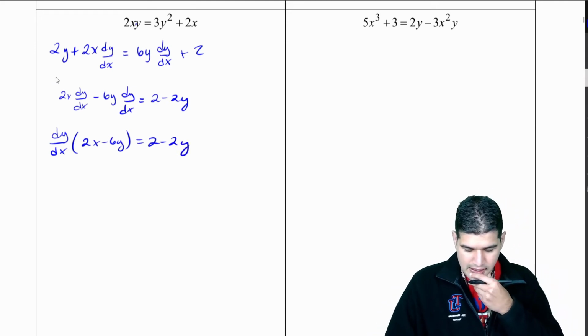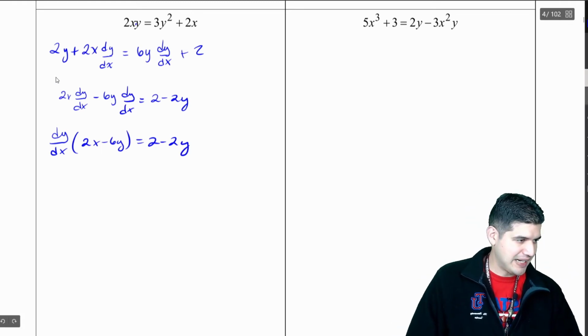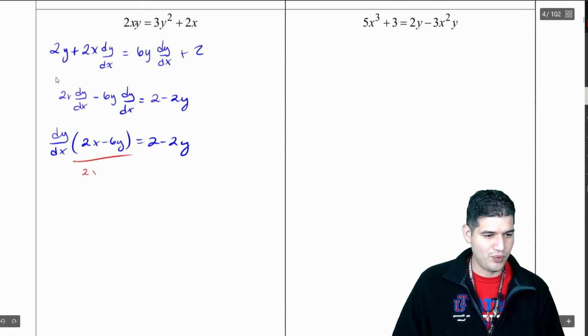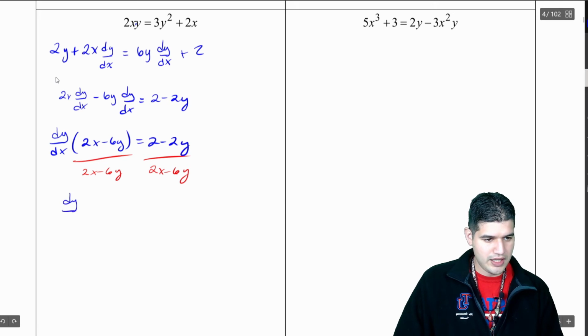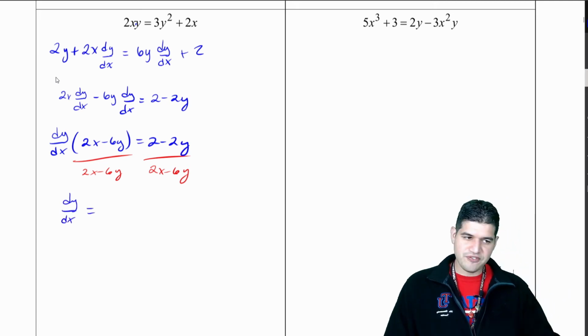Okay, what can I do with that? Let's just divide. Because everything's divisible by 2, I can see I'm probably going to factor that out at some point. But let's just do this right now. So 2x minus 6y. All right, so dy/dx equals, I'm going to factor out here.